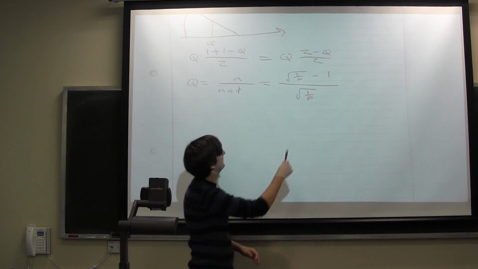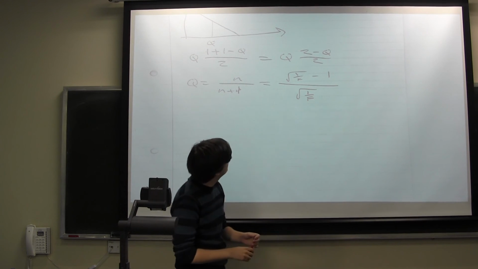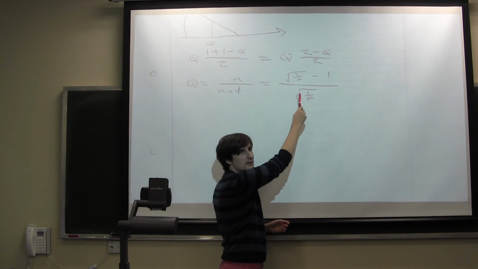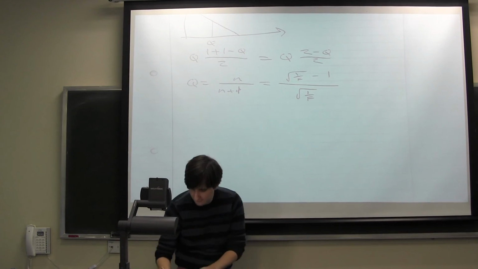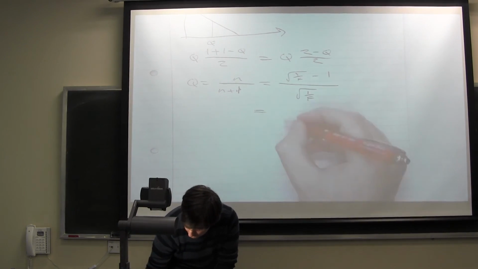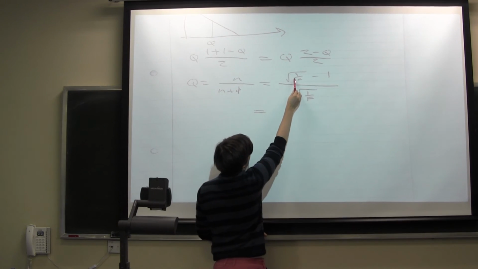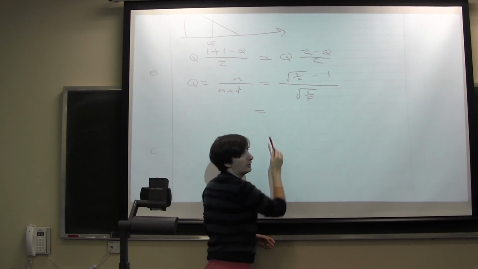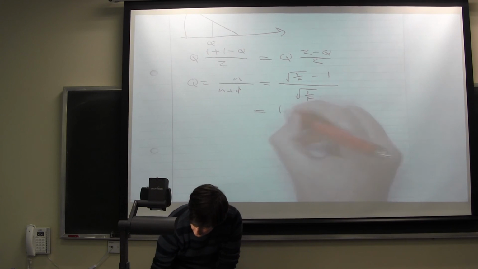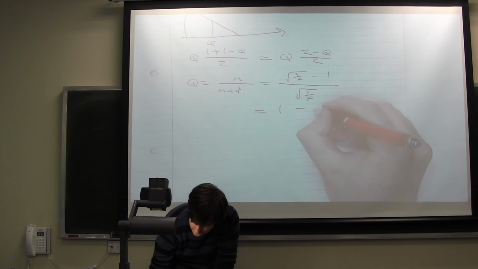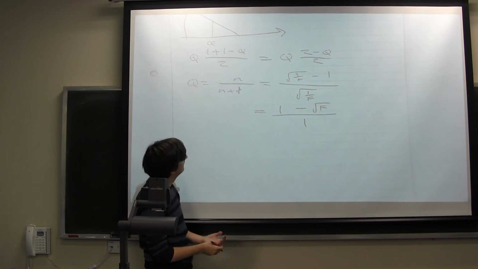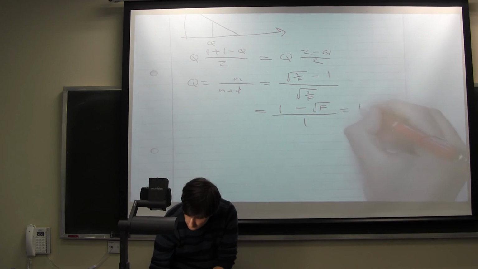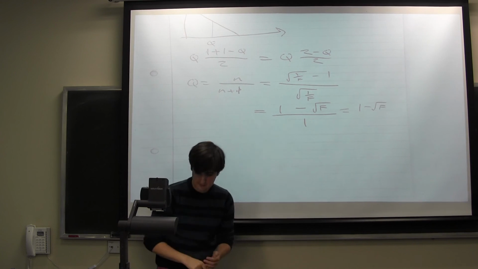That's quantity as a function of the entry cost. You can simplify this a bit. If you times top and bottom of this fraction by square root f, this thing times square root f is just 1, the 1 times square root f is square root f, and so this is just 1 minus square root f.